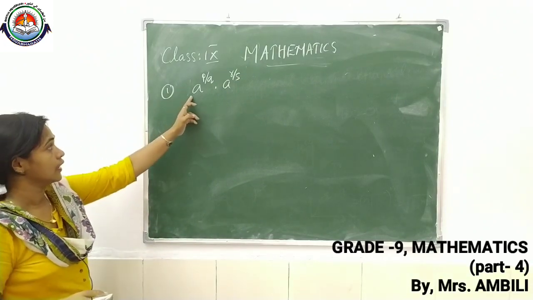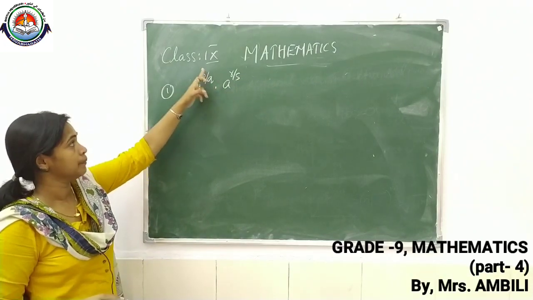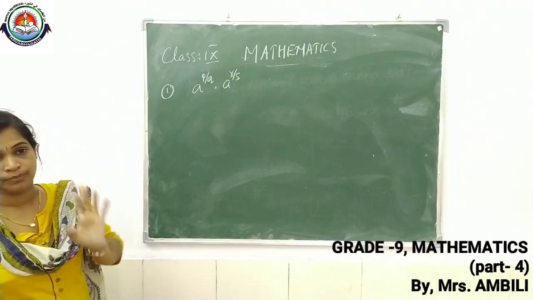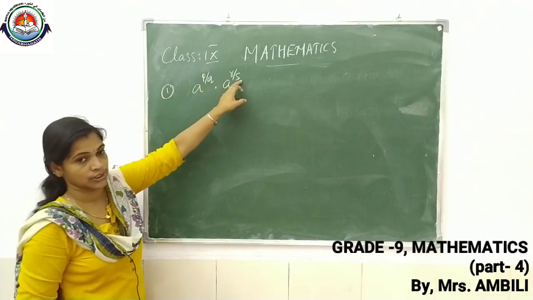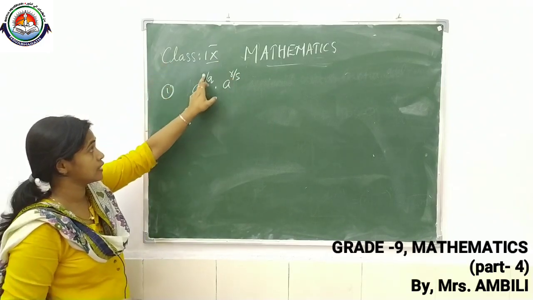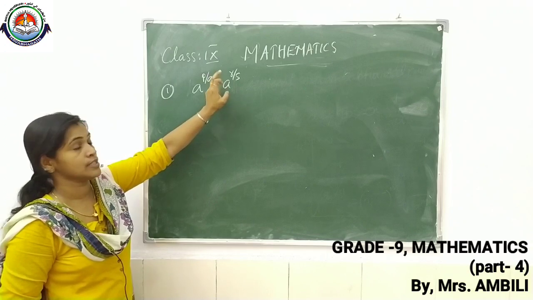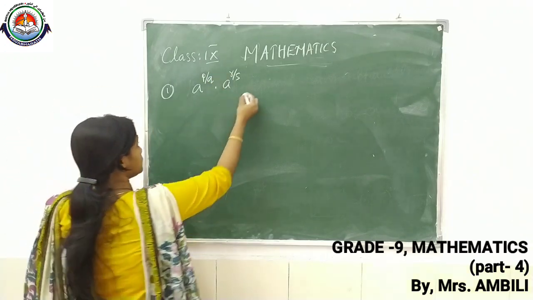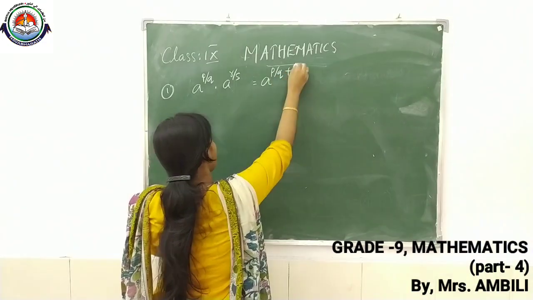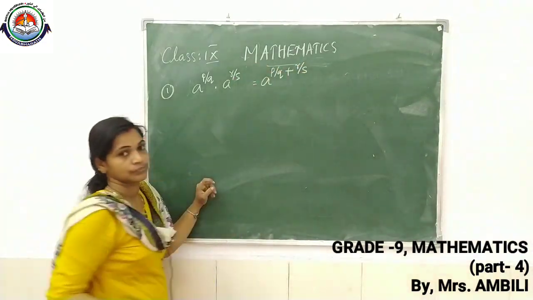Here a is a real number, and p by q and r by s are any two rational numbers. So we can write a raised to p by q into a raised to r by s equal to a raised to p by q plus r by s.